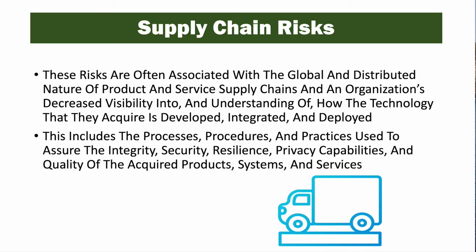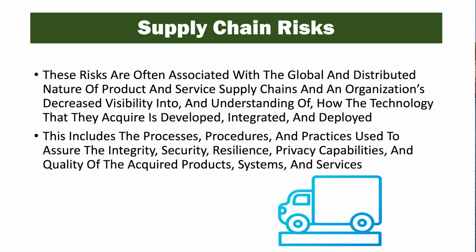These risks are often associated with the global and distributed nature of product and service supply chains and an organization's decreased visibility into and understanding of how the technology that they acquire is developed, integrated, and deployed.